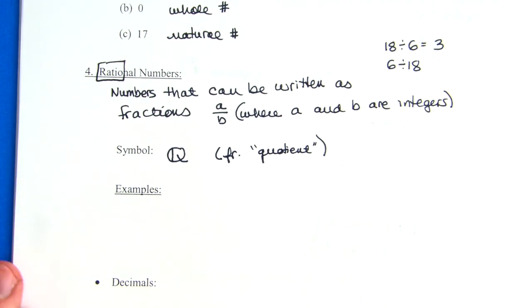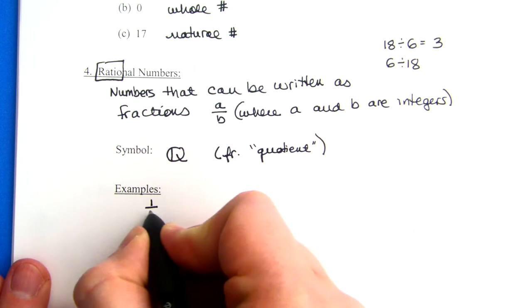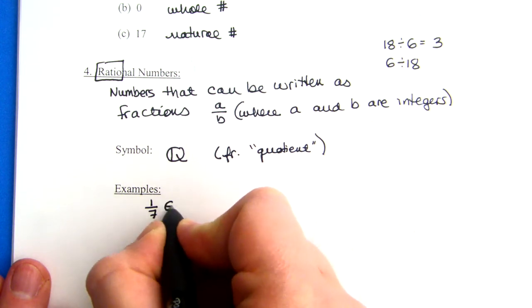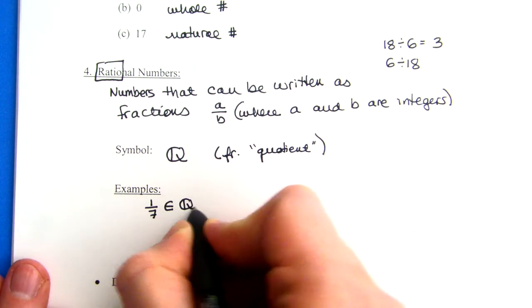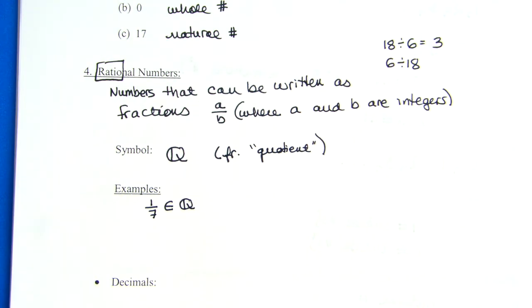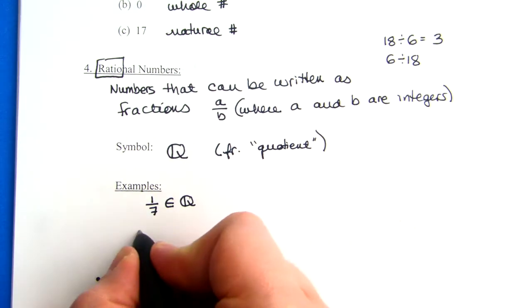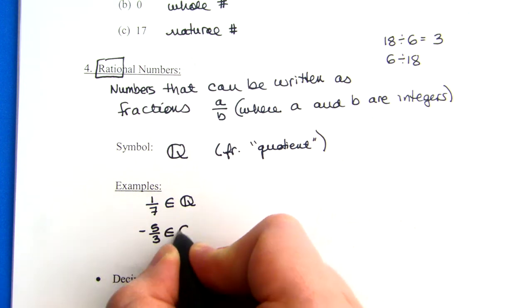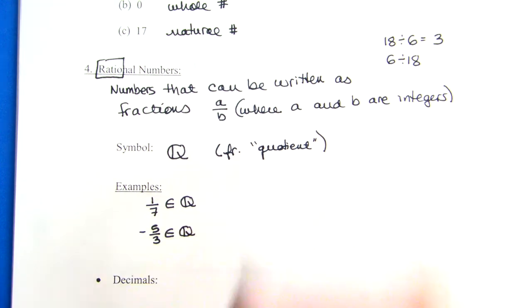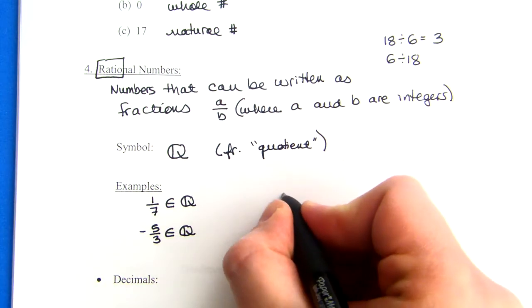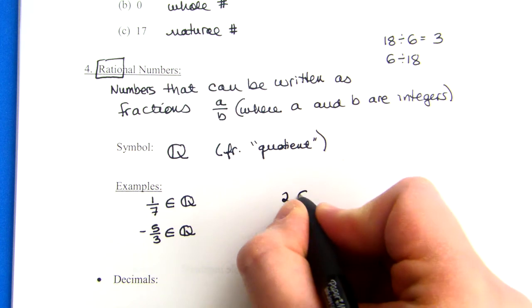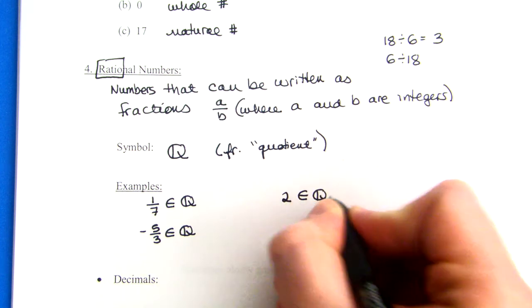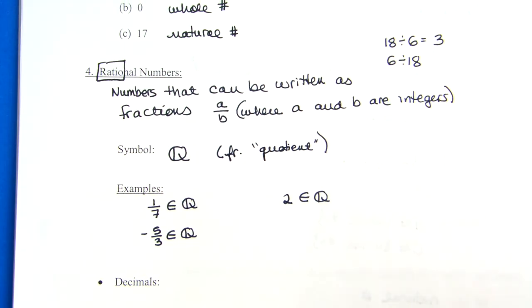So to give you a few examples, I think 1/7, that's a rational number. Of course, you can write that as a fraction. We already see that it's a fraction. -5/3 is a rational number. We can write that one as a fraction. What about 2? Is 2 a rational number?